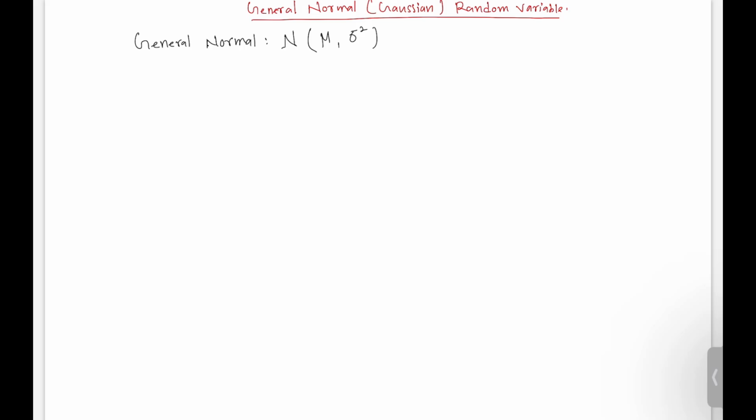The PDF of this general Gaussian random variable will have the form that looks like this. Again, this x is a general Gaussian random variable, and it can take any value from minus infinity to plus infinity, and the PDF expression will be of this kind: 1 divided by root 2 pi e to the power minus (x minus mu) square divided by 2 sigma square.